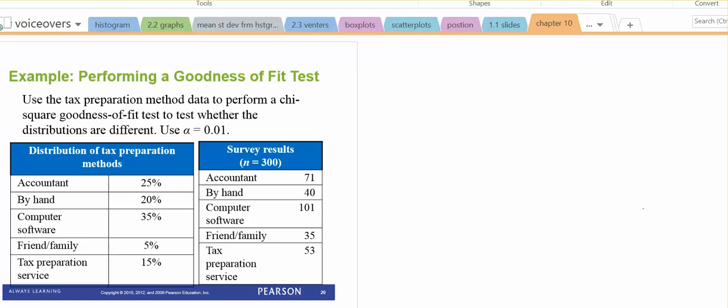Okay, so the number crunching here is a little bit tedious, but bear with me because I'm going to show you how to do it in StatCrunch in 2 seconds. So you're supposed to take the observed value minus the expected value, square it, and divide it by that expected value. And you do this for each category, so we have to do this 5 times.